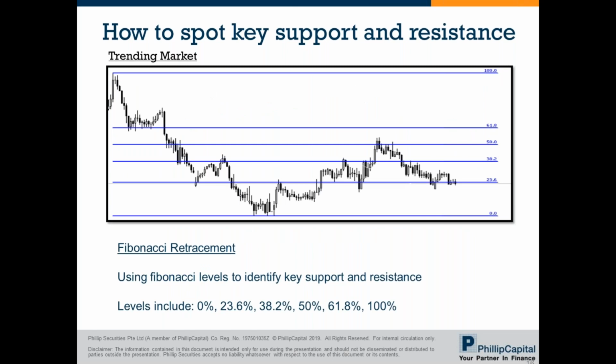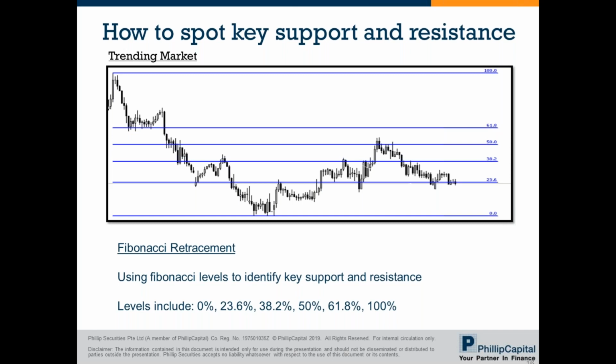Okay, so the last point of how you can identify a key support and resistance level in a trending market is by means of using Fibonacci retracements. So this is a technique that some technical traders use. Basically, the Fibonacci levels are naturally occurring numbers that prices tend to move back into.